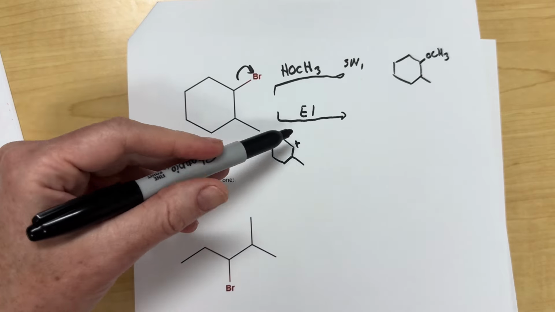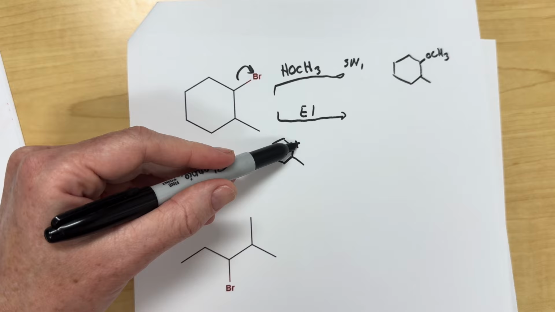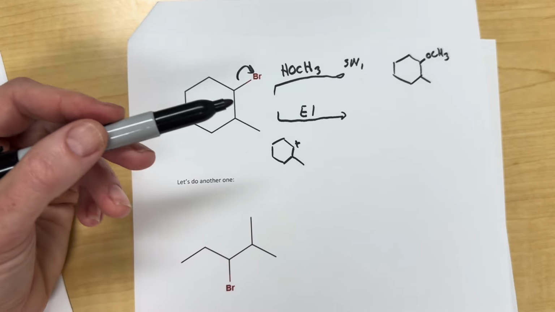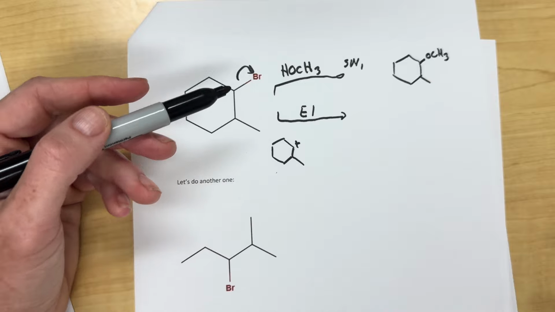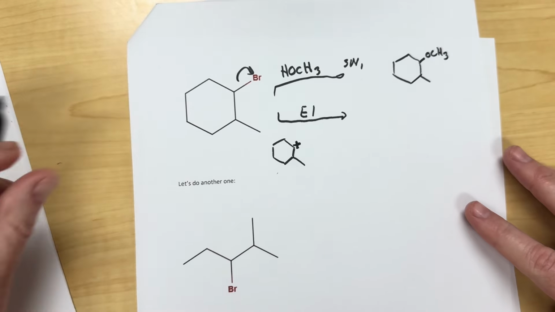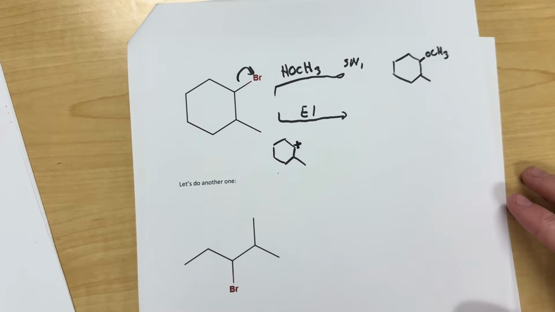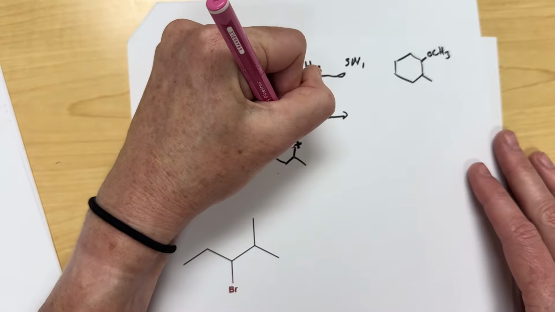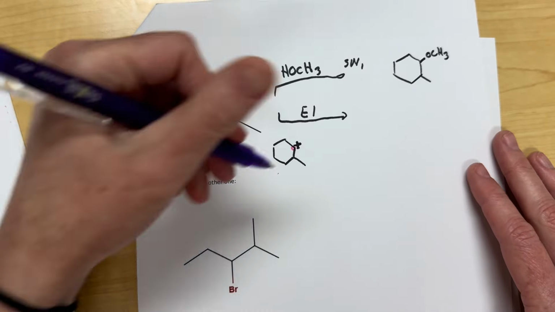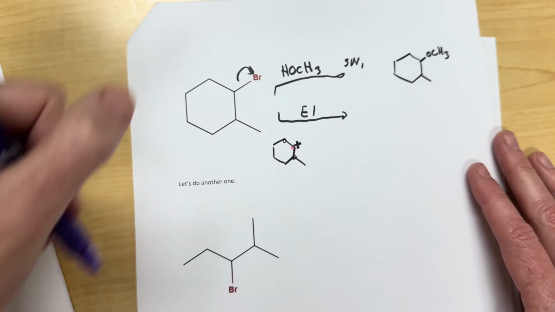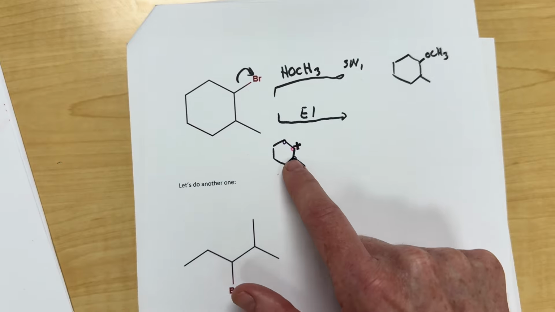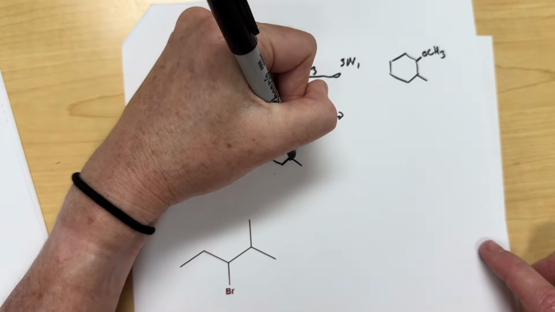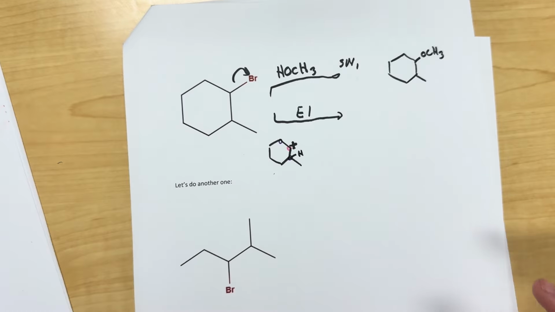Now we will eventually get into shifting positive charges. We'll realize that this positive charge actually shifts down here, but that's not for another 2 chapters. So we're just going to worry about what we know. And what we know is that this is our alpha, these are our betas, and we know that the hydrogen from the most substituted beta is the one that's going to be taken, just like with our E2 reactions.